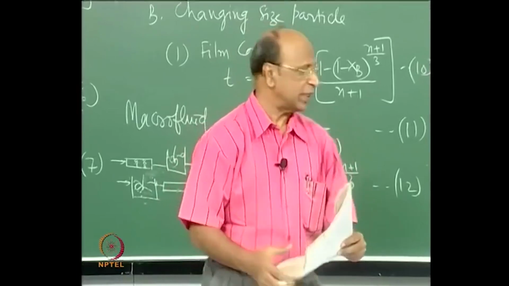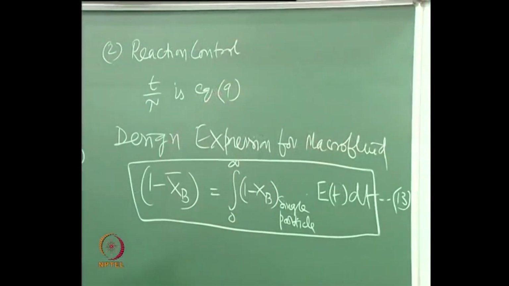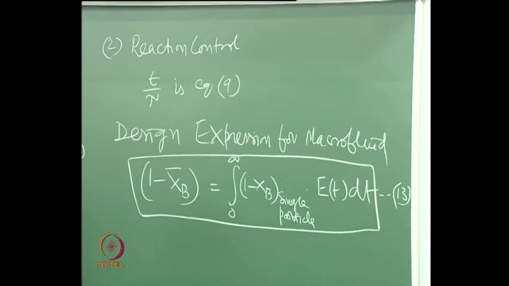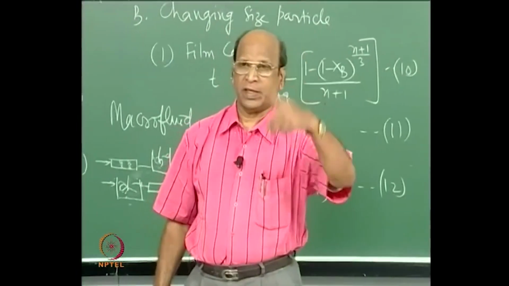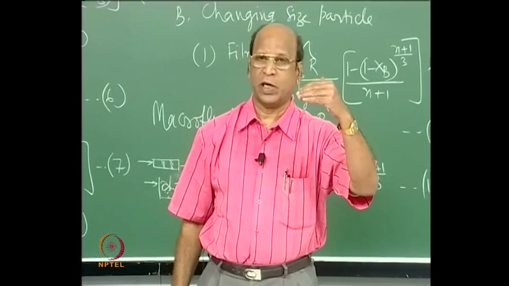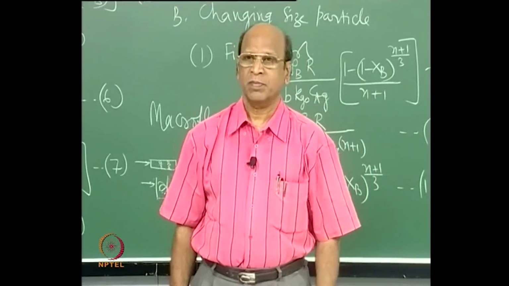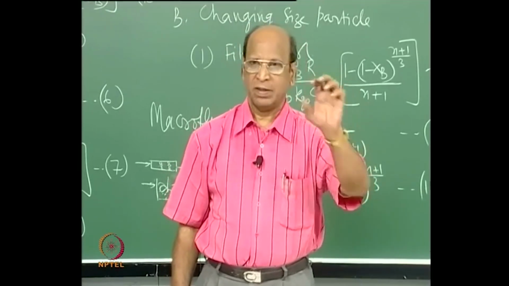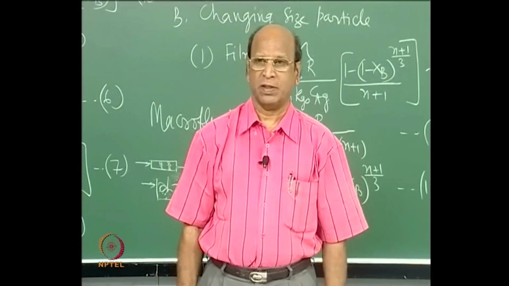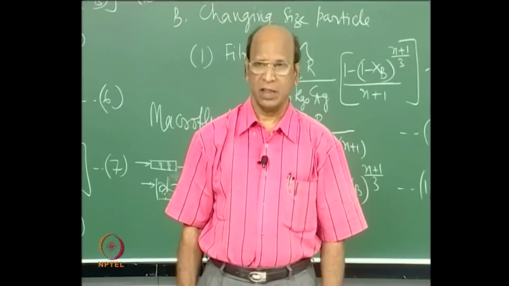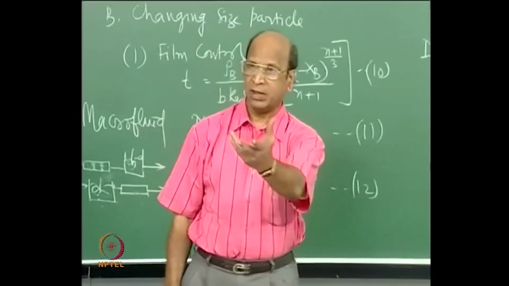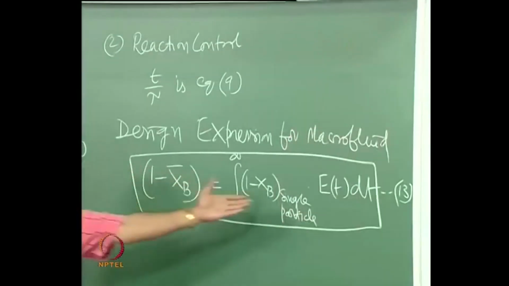Those things you have to just substitute there, and it is not only ideal reactors, any non ideal reactor also this is true. Yesterday Satyam was asking me, sir, in a blast furnace where you do not have ideal plug flow, what do you do? What is the nearest non ideality for plug flow? Axial dispersion. We have an equation for E t for axial dispersion, and that is what you substitute here.